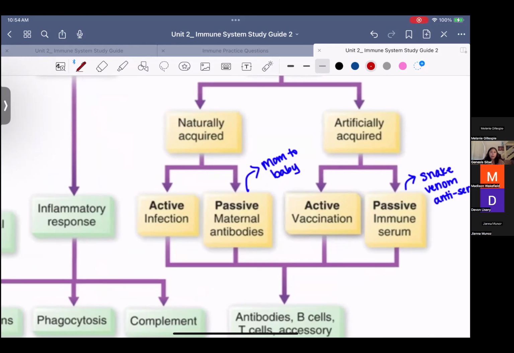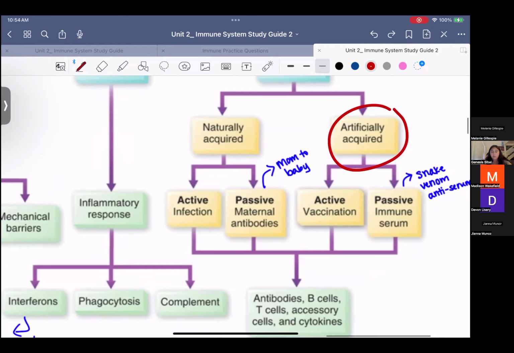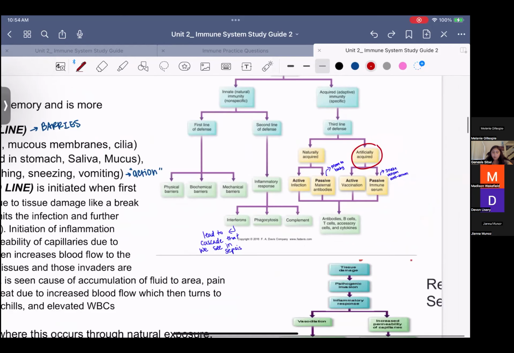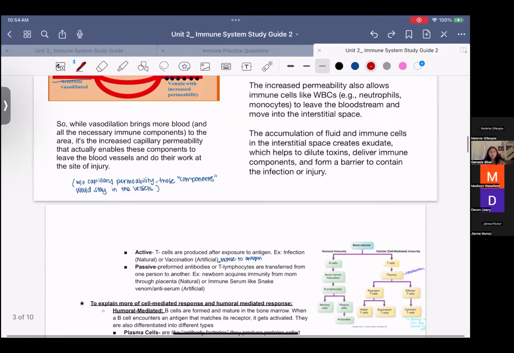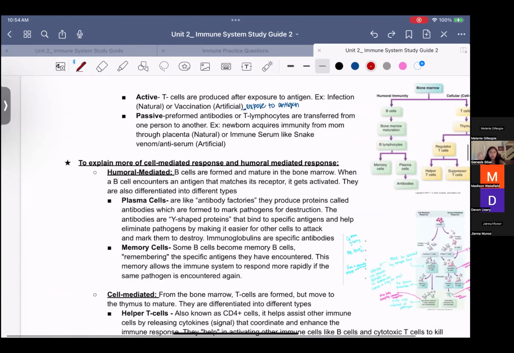Passive is getting passed something, and natural is what you receive throughout life. Things that you artificially get are not something we would have naturally, like the immune serum, but they're made to help prevent. So I would just say they're artificially given. I don't know if that helps, but I definitely would try to draw it out if you're getting confused. I do remember she asks a question about some type of immunity on here.